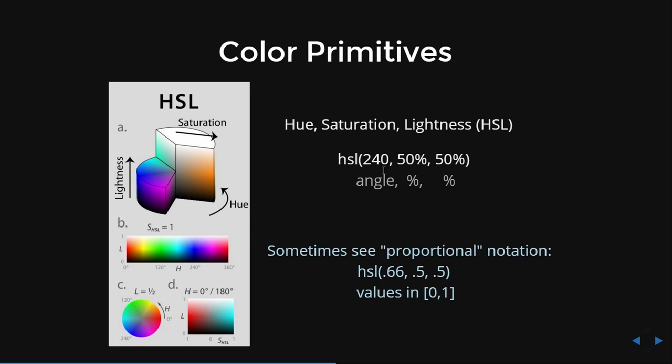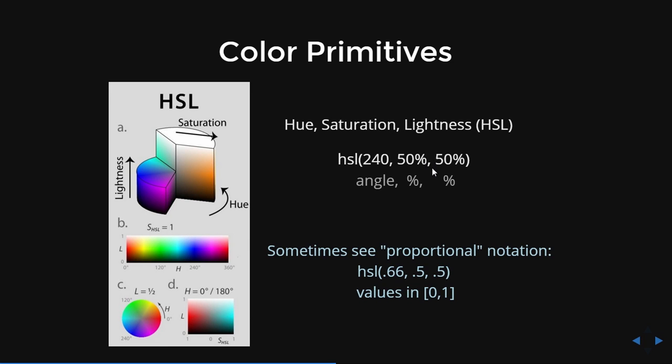Hue is expressed as an angle between 0 and 360 degrees, and that corresponds to the direction of this arrow on a circle. Saturation and lightness, on the other hand, are typically expressed in terms of percentages and have numbers between 0 and 100.